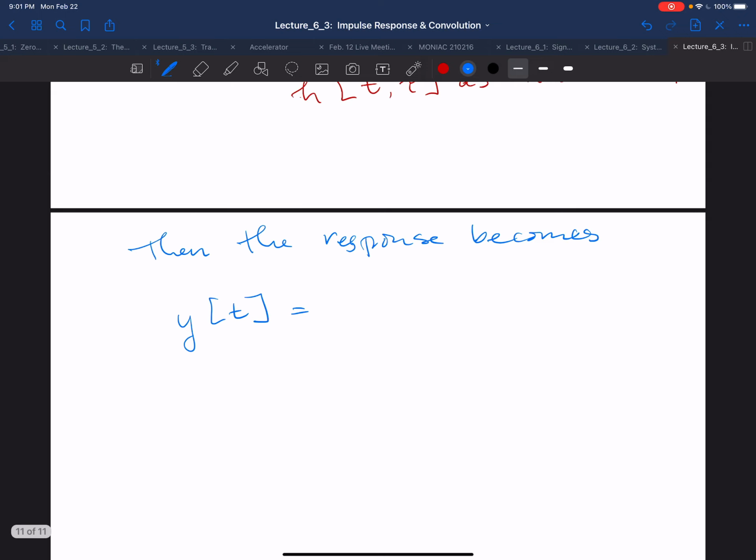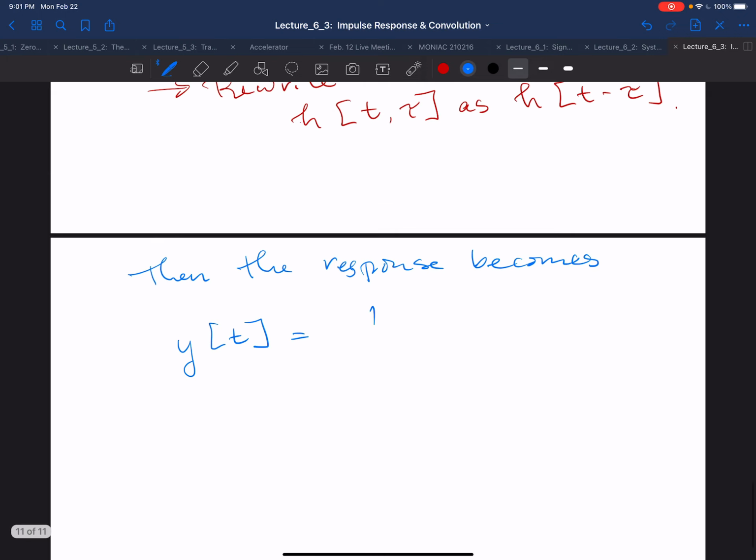So y of t is going to be the sum as tau varies from minus infinity to infinity of f of tau times h of t minus tau. But this is precisely the convolution.